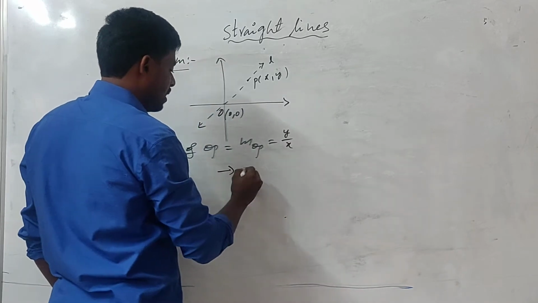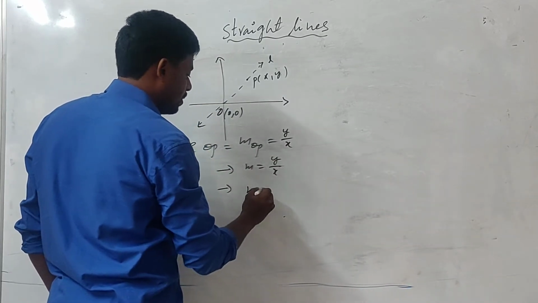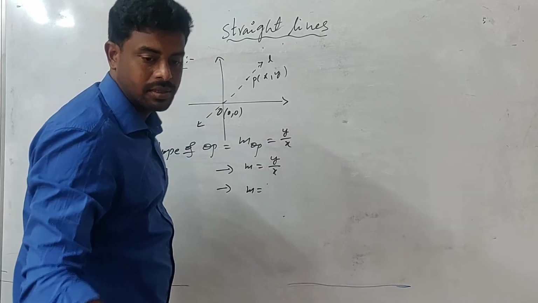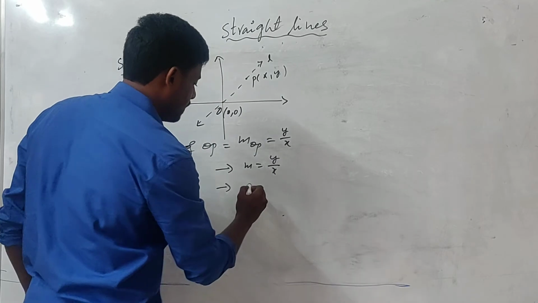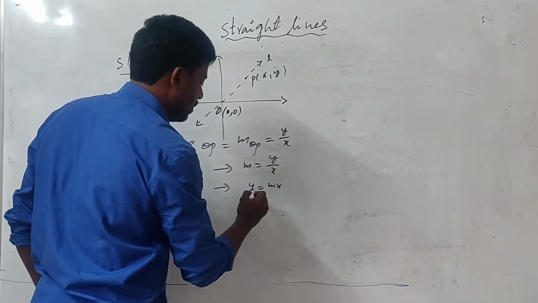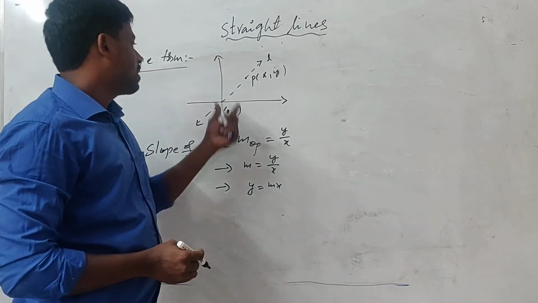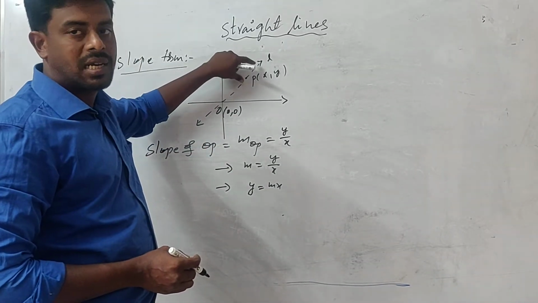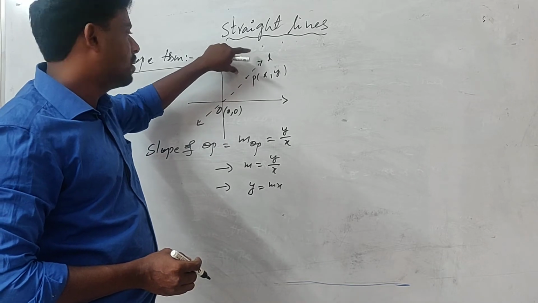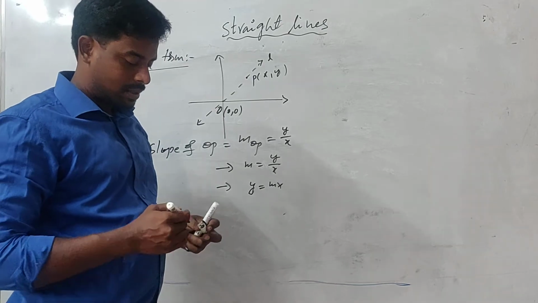Then we can write m equal to y by x, then automatically y equal to mx. So this is called the slope form. The equation of a line passing through the origin and one more point P(x, y) on this line, then the slope is y equal to mx.